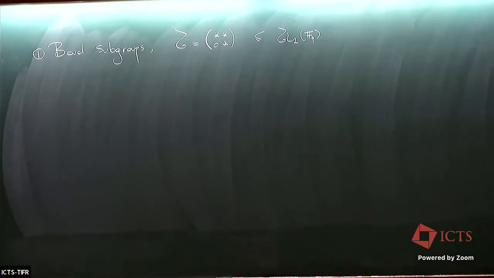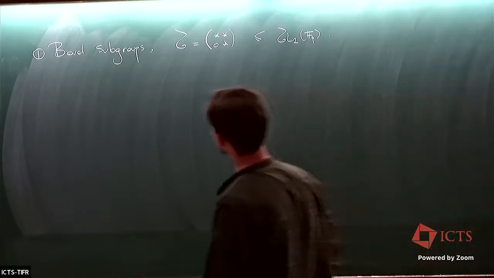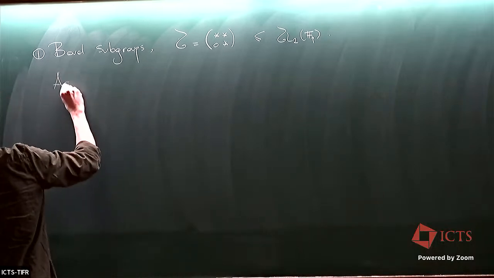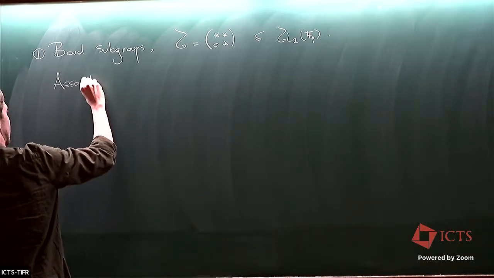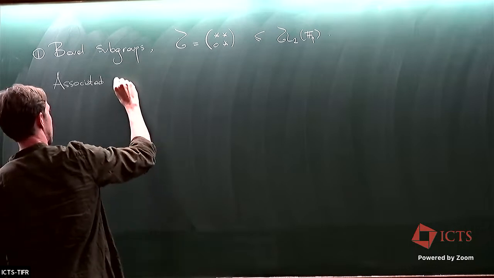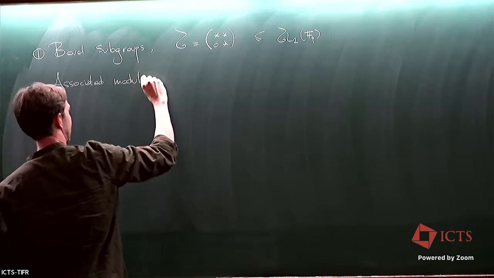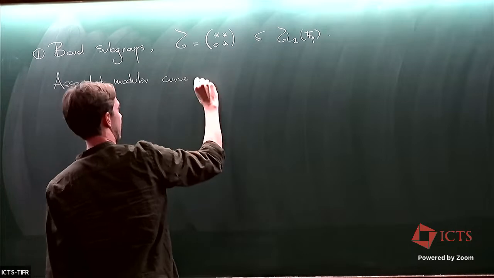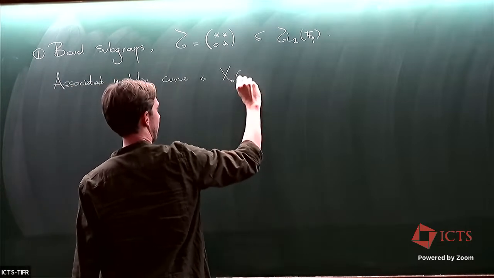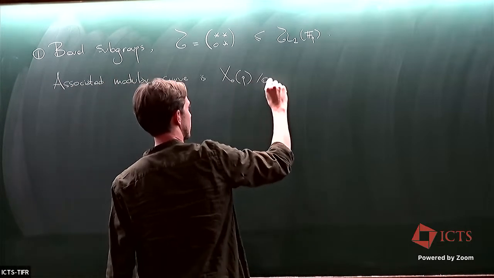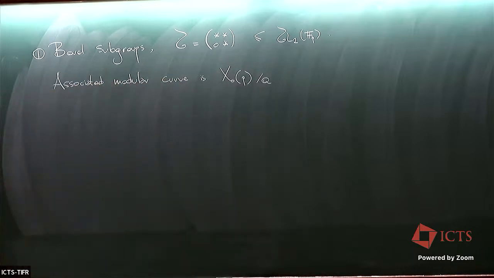Now, of course, if I intersect now with SL2Z and I lift, that gives me precisely the gamma 0 of P subgroups that we've defined before. Yeah? So the associated modular curve here is X naught of P, a beautiful modular curve defined over Q, and we're going to investigate its set of cusps.